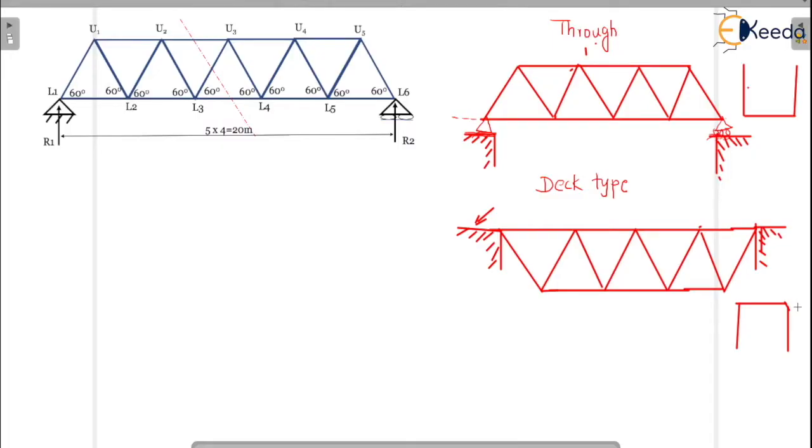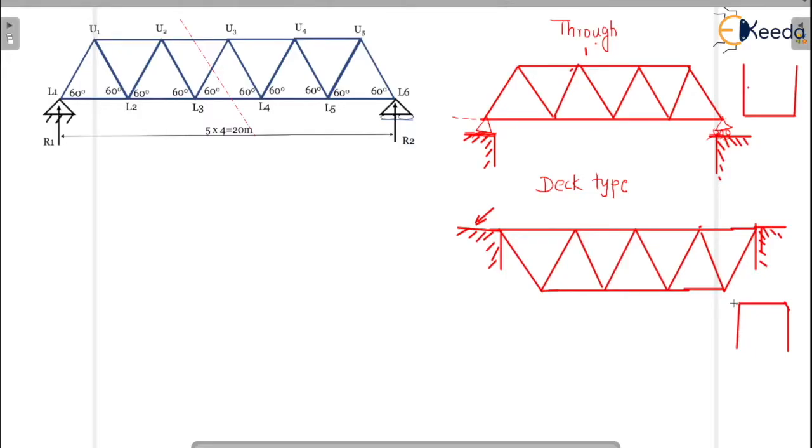In both types of trusses, end portals are provided. Cross girders transfer the load to the panel joints. In this particular study, we are assuming that the joints are pin jointed.